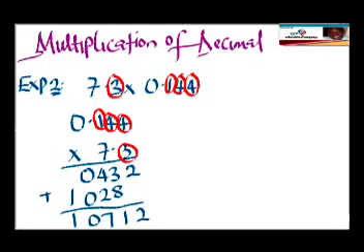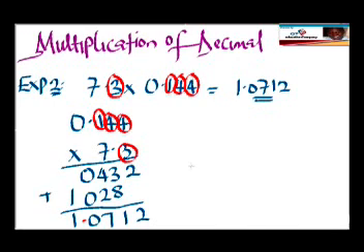So here I'm going to count 4 numbers, 1, 2, 3, 4, which means my decimal point is going to be here. So this will become 1.0712 as my final answer.